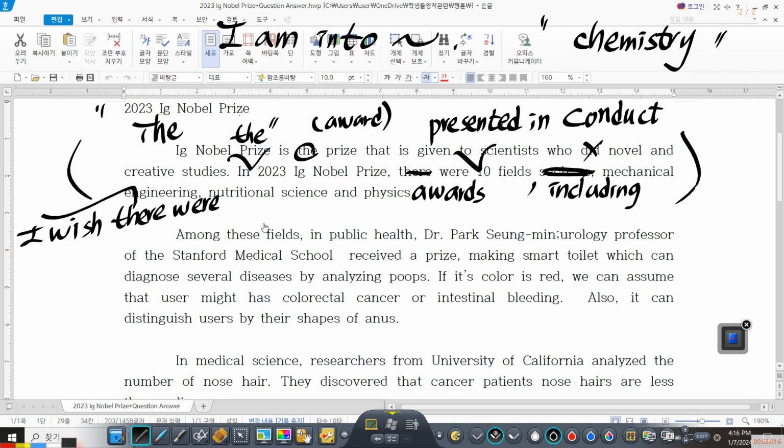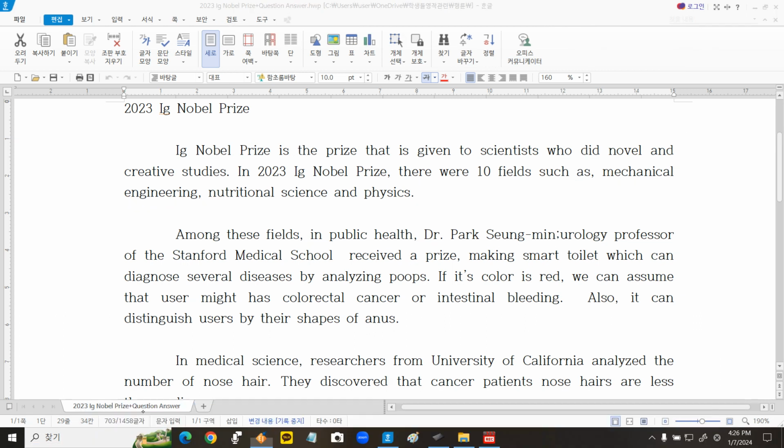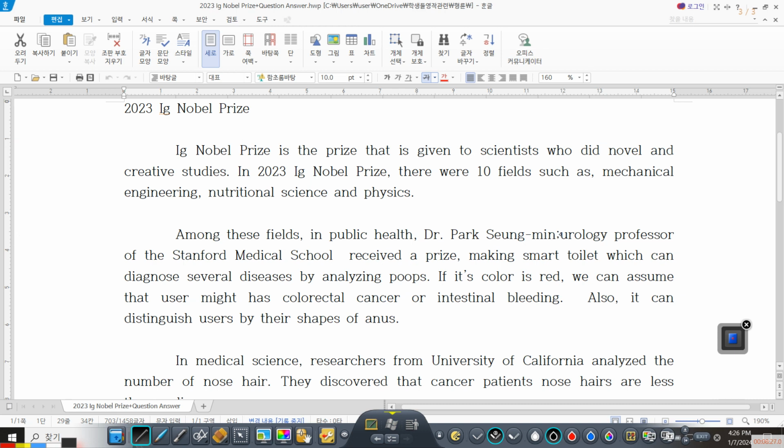So here we go. Among these fields in public health, good. Among these, good. And in public, Dr. Park Seung-min, obviously Korean. All right. It's quite interesting. Urologist. Why don't you put here: urologist, professor at Stanford Medical School, received a prize.